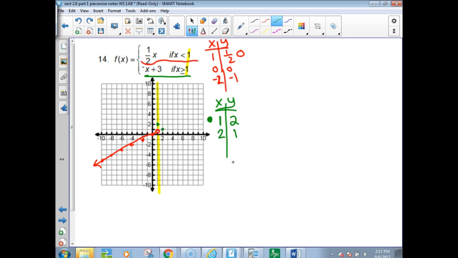Oh, this thing's coming down. If I put in 3, I get 0. And then I see the slope is -1. It's going down 1, right 1, down 1, right 1. You can continue that to get a good line. That's what that one looks like.